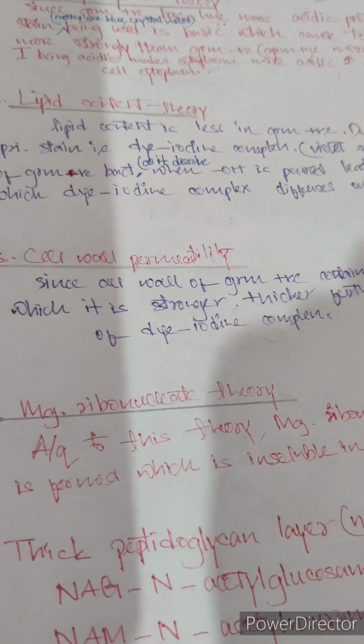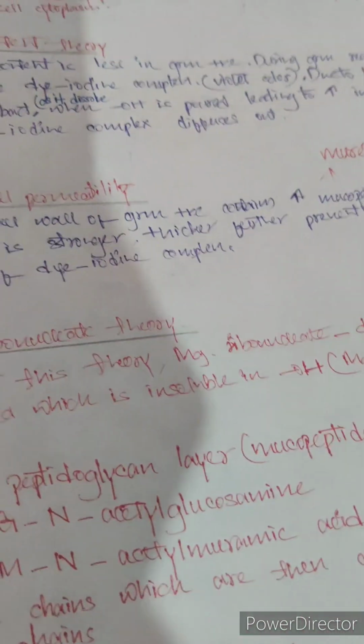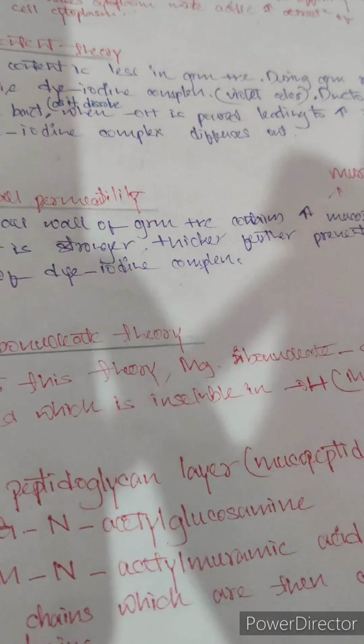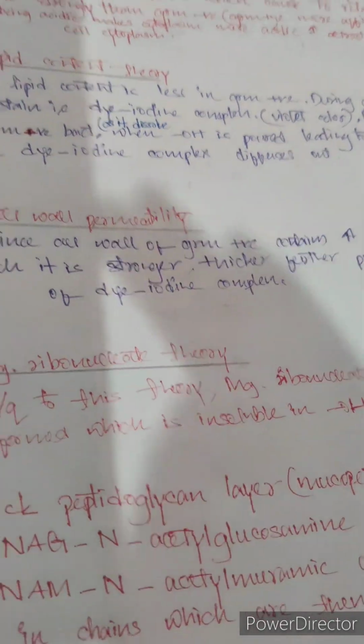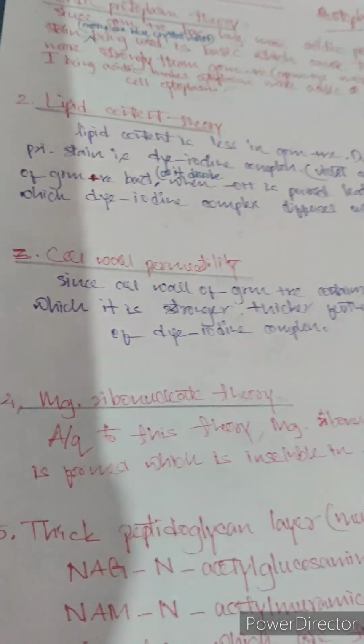But in case of gram-negative bacteria, it is the total opposite, because the murein or peptidoglycan or mucopeptide content is very negligible, due to which it is weaker and hence allows the leakage of diiodine complex.